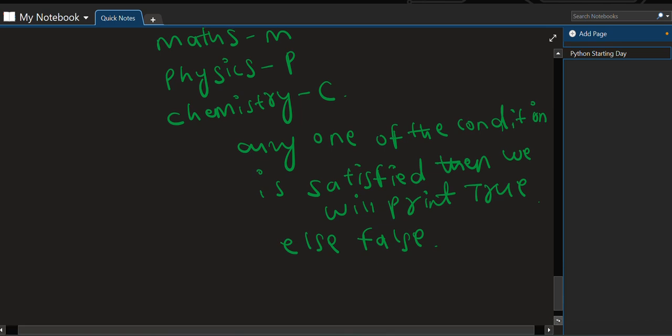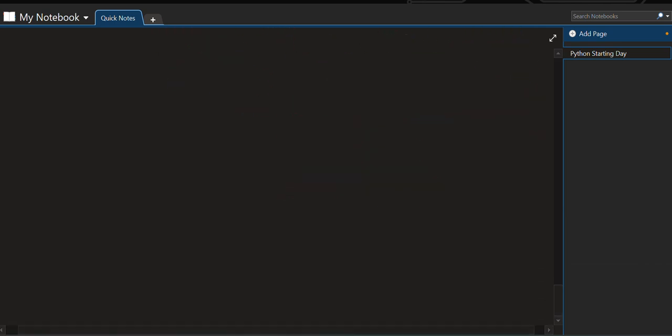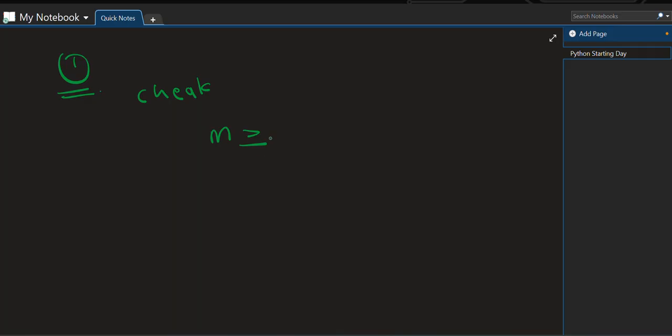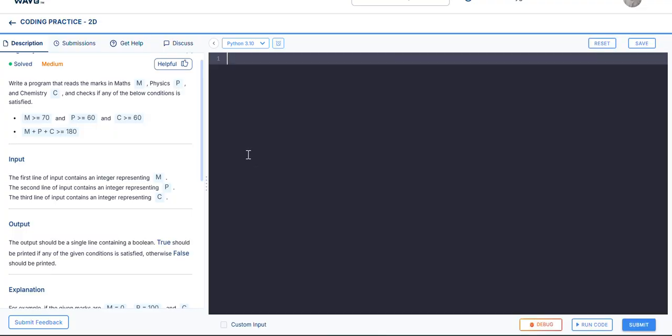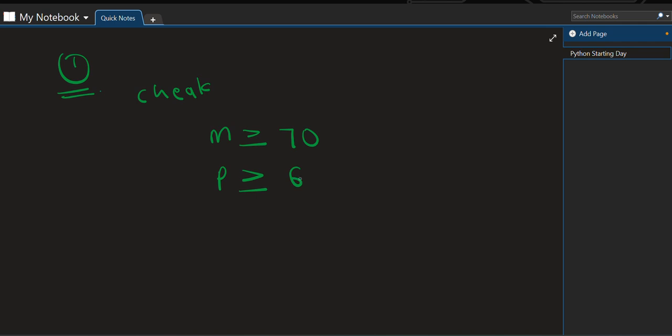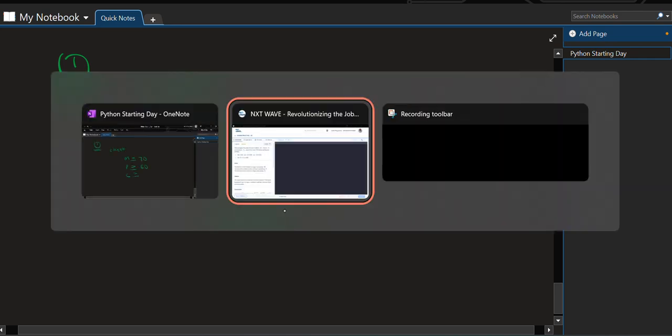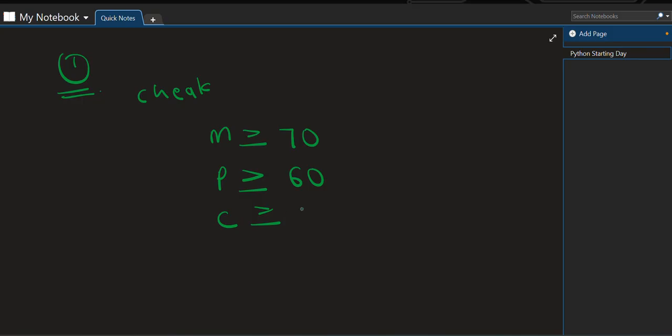Looking at what is given, there are two conditions. The first condition is we have to check whether m is greater than or equal to 70, p greater than or equal to 60, and c is also greater than or equal to 60.